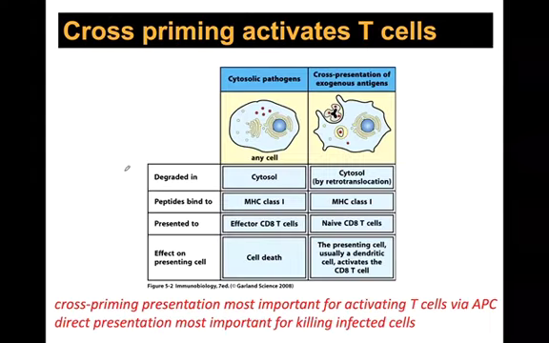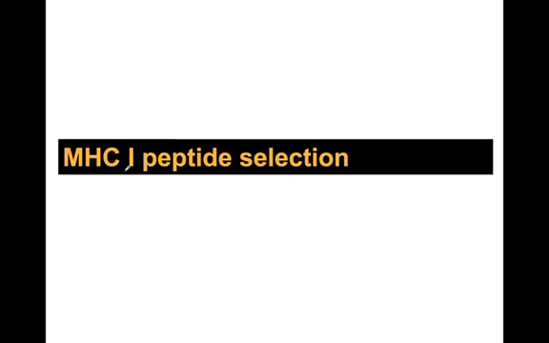Okay, so that's MHC1 processing and presentation in a nutshell, but then we come back to this idea of polygeny and polymorphisms, and how is that affecting which peptides are being presented? Because different MHC will present different types of peptides.